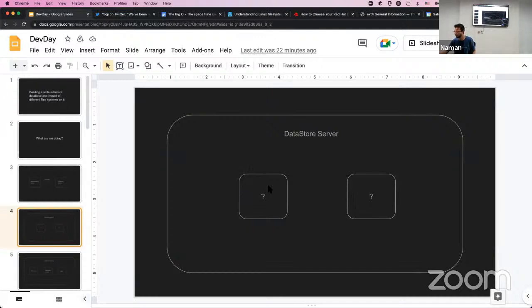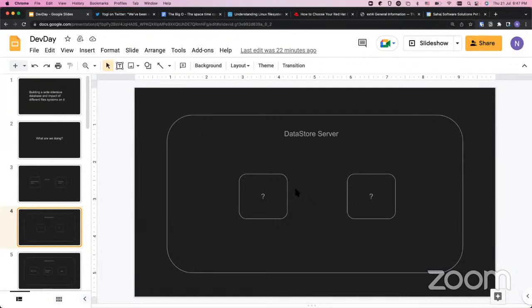There will be multiple components, not just two. An HTTP server to receive the payloads, right? The request, and then send it to someone to do something. So what should be the other components?